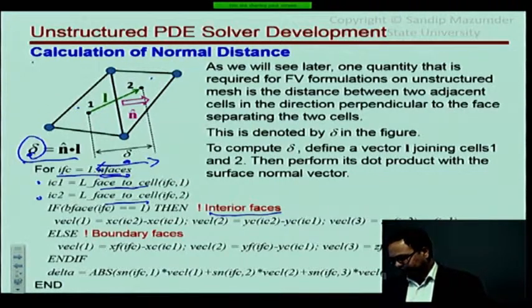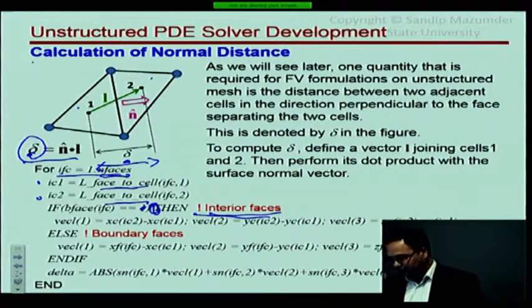This should be a 0 here. Interior faces would typically mean B face equal to 0. That means it's not a boundary face. My comments are correct, but this should typically be a 0 here.